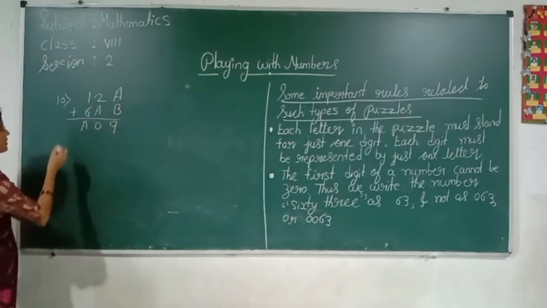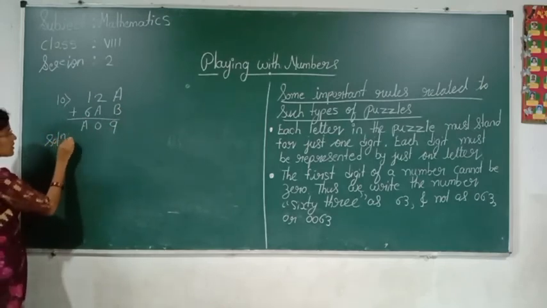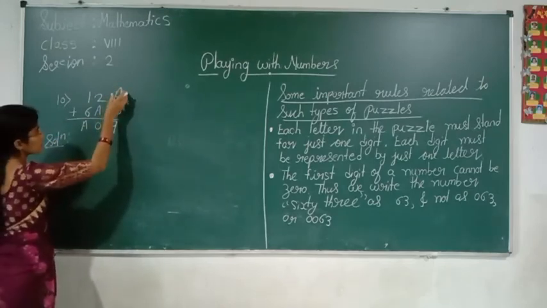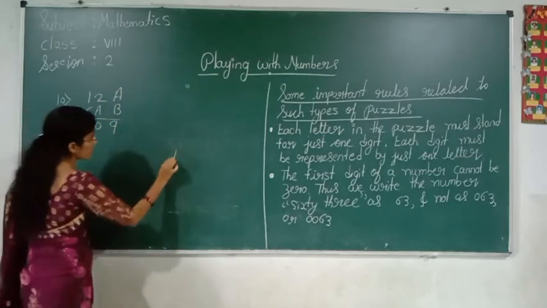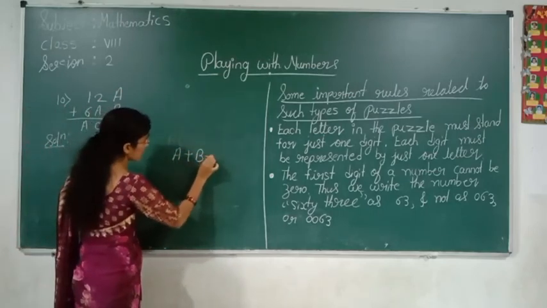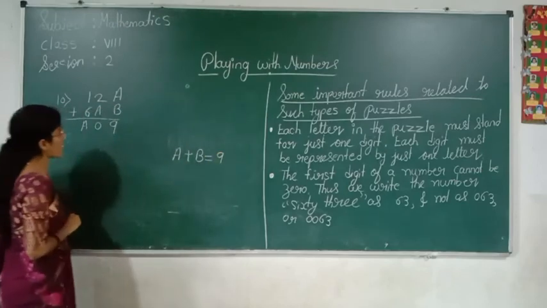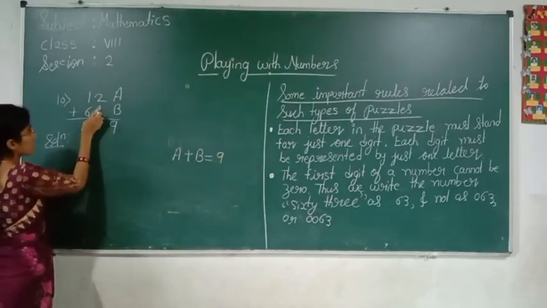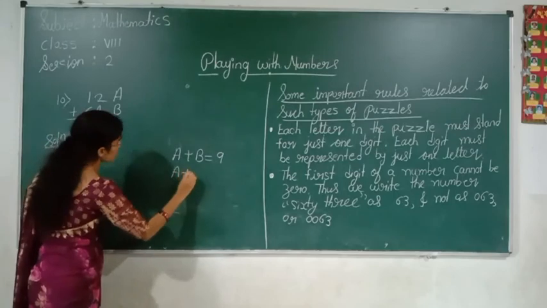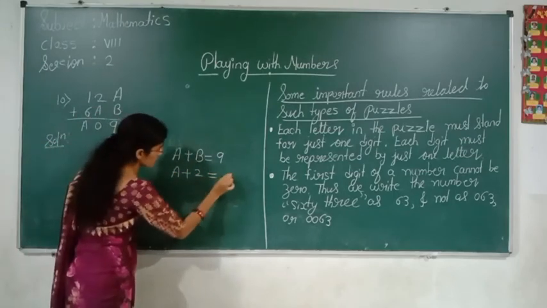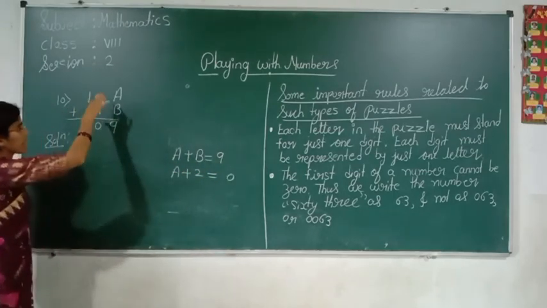Now see, students. From the right side you have to see A plus B should be 9. A plus B should be 9. Again see a rule. A plus 2 should be 0. You will get a clue here.